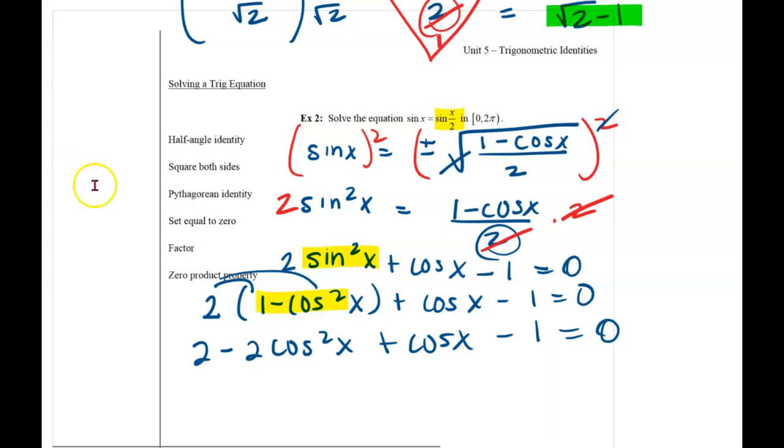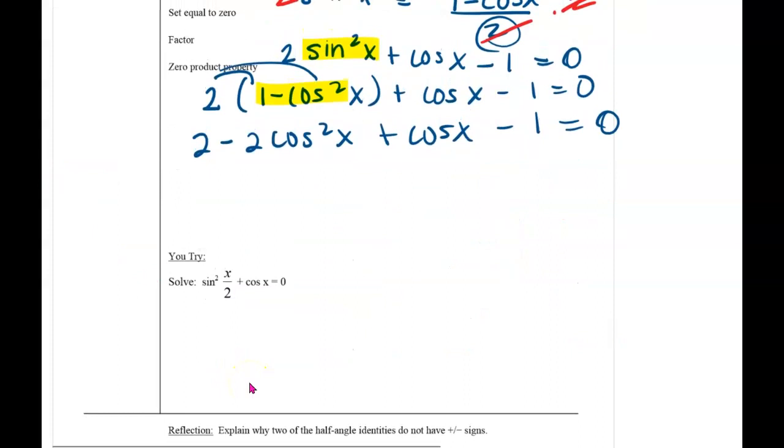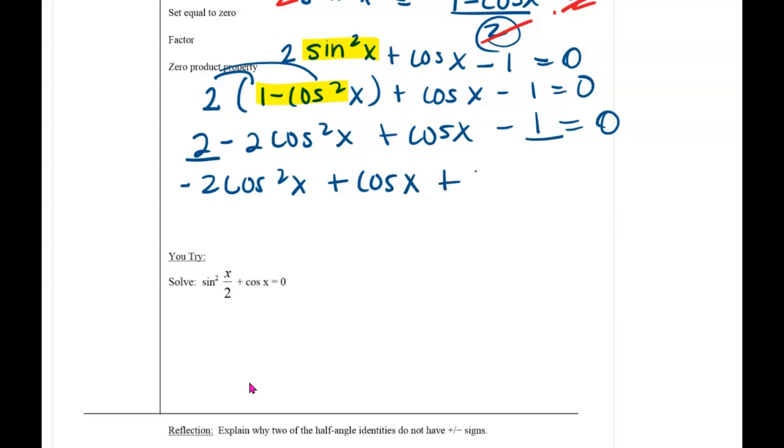So let's put the cosine squared x in front. So I have negative 2 cosine squared x plus cosine x, add your 2 and your negative 1 together, plus 1 equals 0. Let's get rid of that negative in front by multiplying both sides by negative 1.